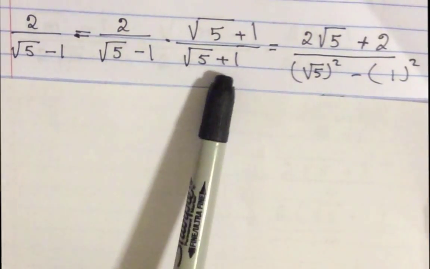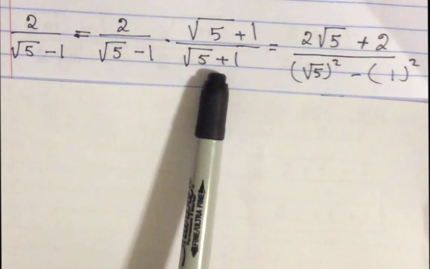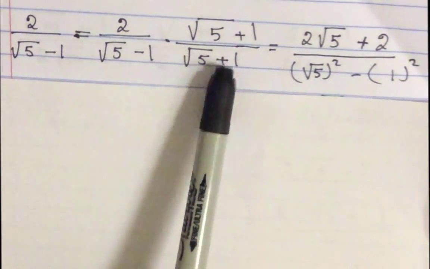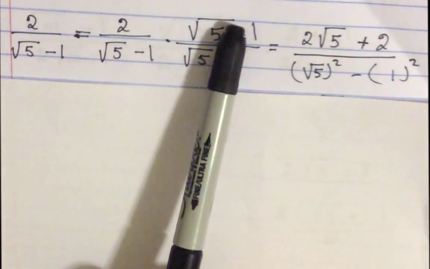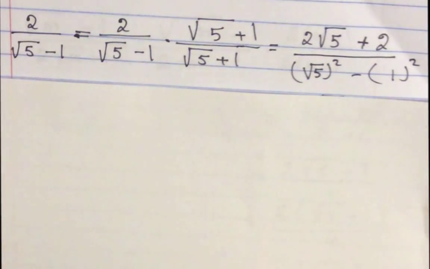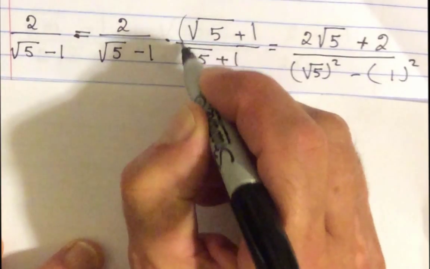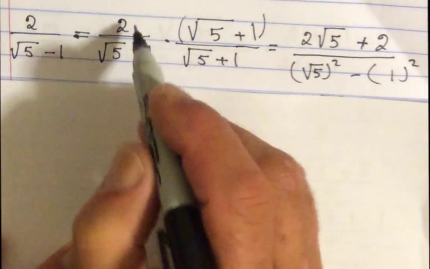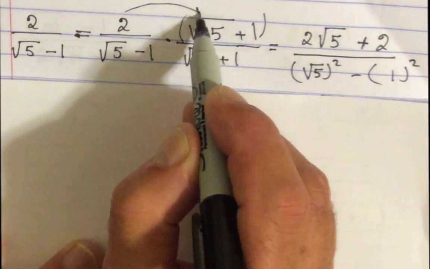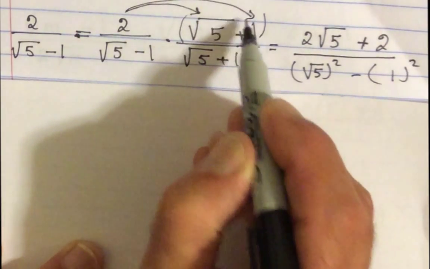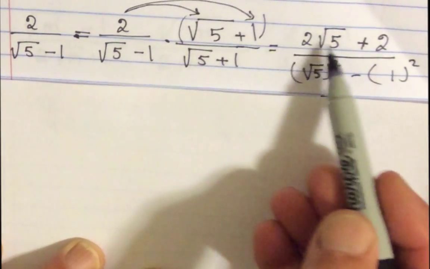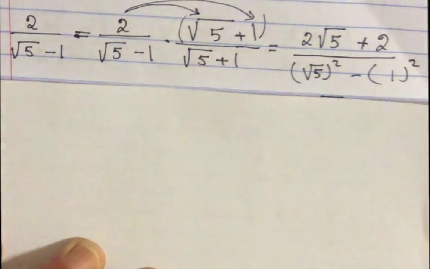If this is negative, I multiply by the same two things but positive in the middle. And whatever you do to the denominator, you have to do to the top, and then we do the multiplication. On the top, we need to multiply the 2 by the square root of 5 minus 1. So this is a quantity together, and I want to multiply it by 2, so we need to use the distributive property. 2 times root 5, here it is, 2 times 1.